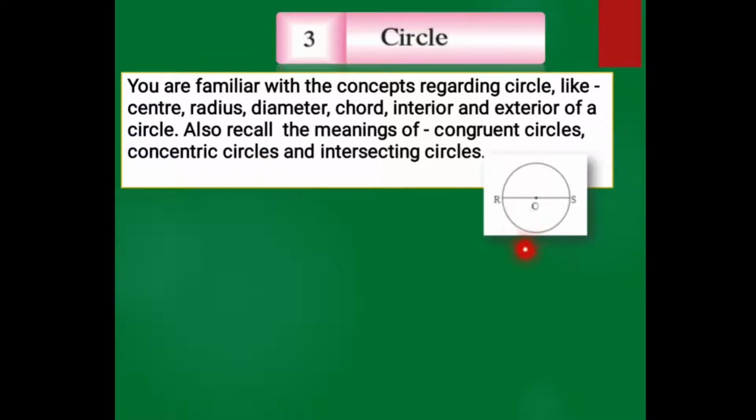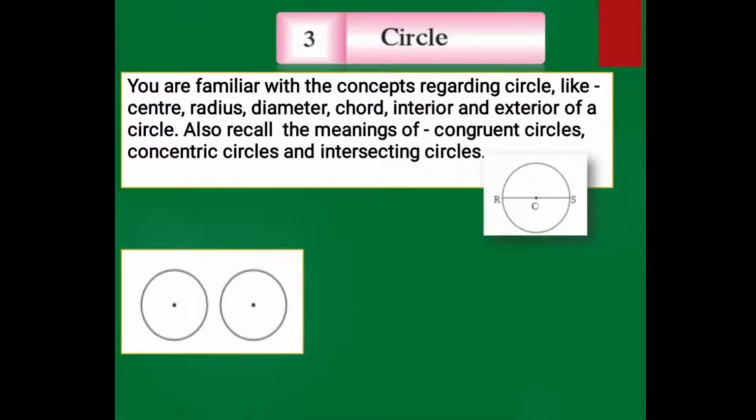In this figure, O is the center of the circle, OR or OS is the radius, and the chord passing through the center is the diameter of the circle. Now see the first diagram. Here these two circles have different centers and are not intersecting.